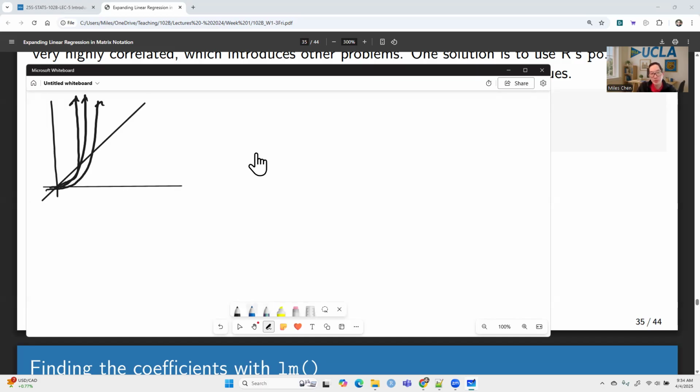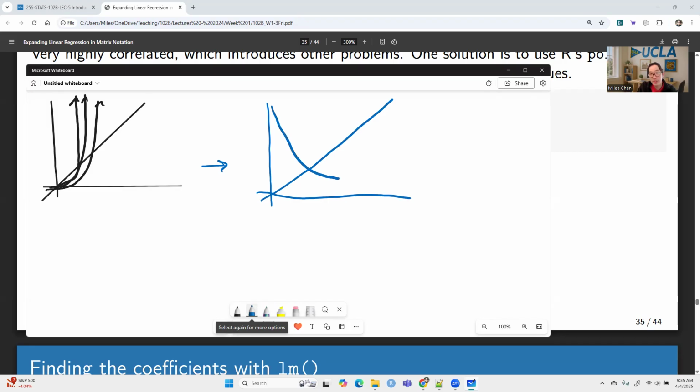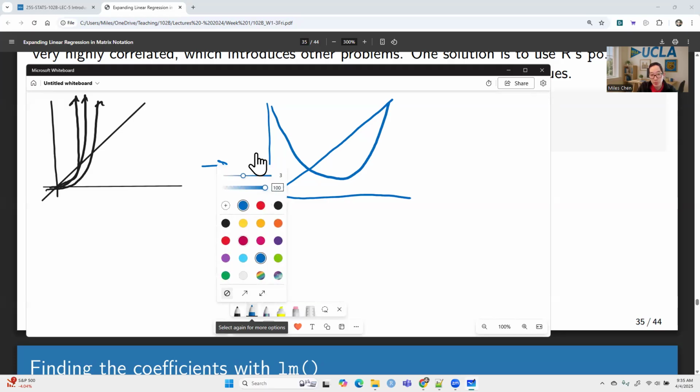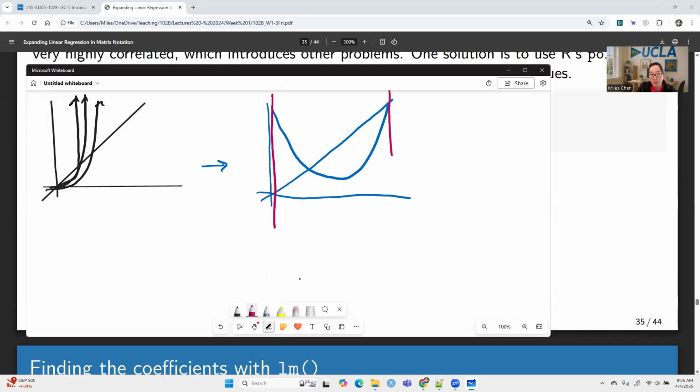What R can do is create these, at least for the range that you are looking at. You can have the linear term, and then you can create an x squared term, which, at least for this range of values, from here to here, has a correlation between x and x squared equal to 0.